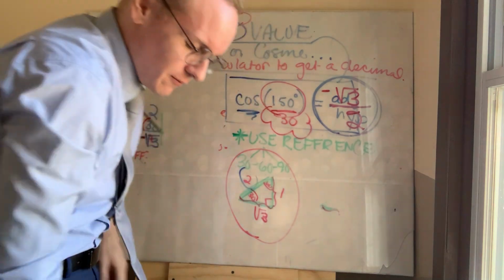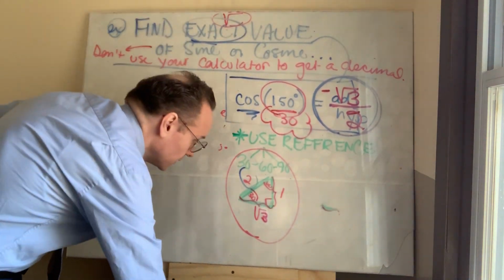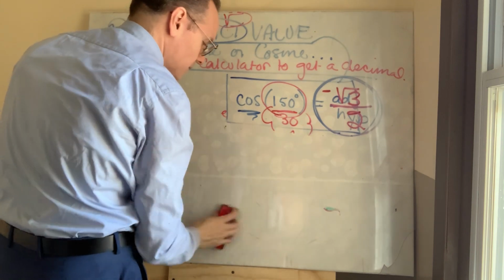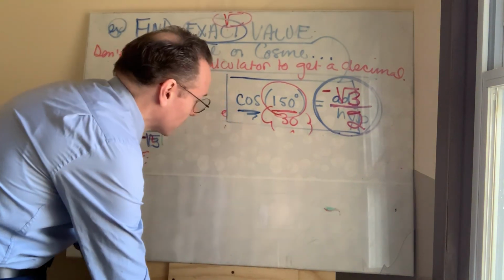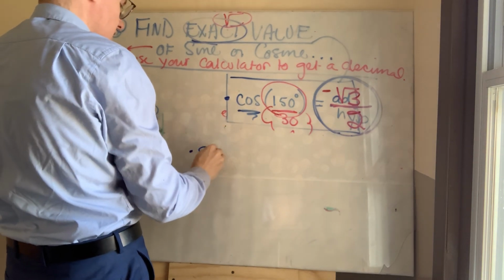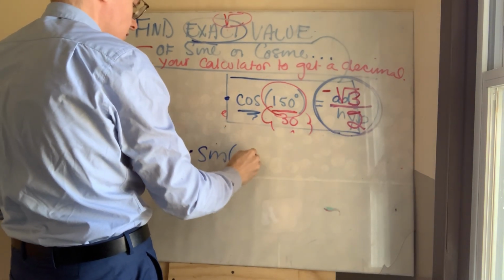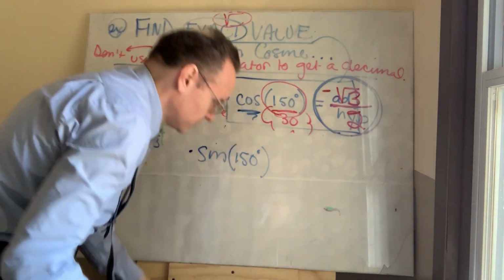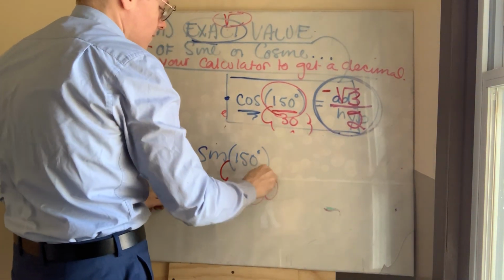Okay. If you were to do sine, just coincidentally, for the same angle, you just write it underneath here. This is cosine. If you did sine of 150, you would end up using the exact same triangle and realize that the reference angle is 30.